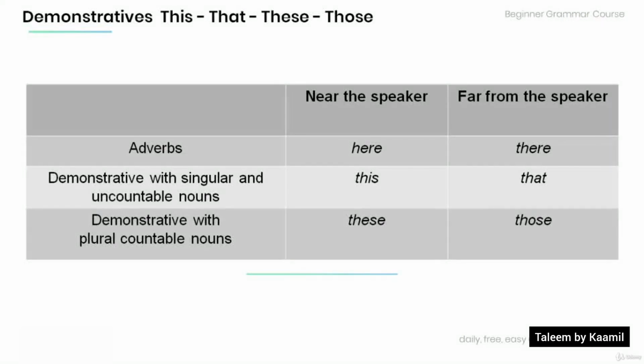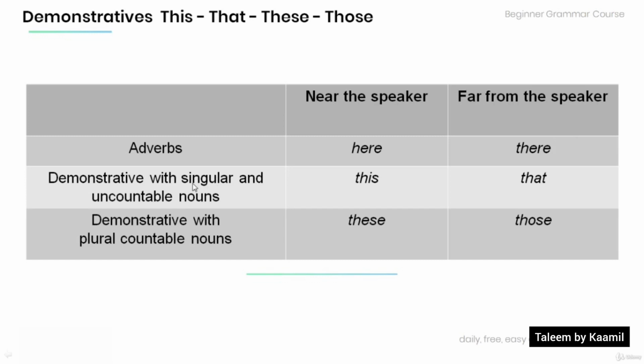Now, when what we are referring to is near the speaker, we use the adverb here. And when it's far from the speaker, we use there.